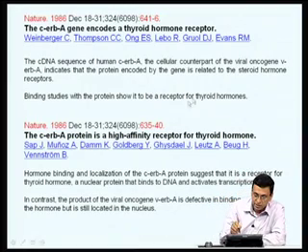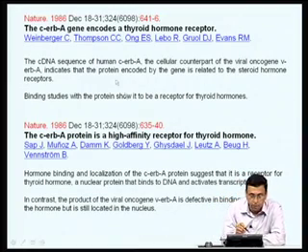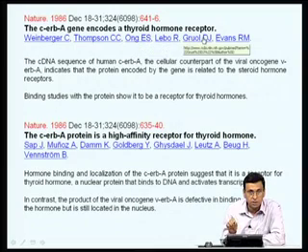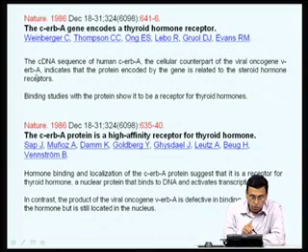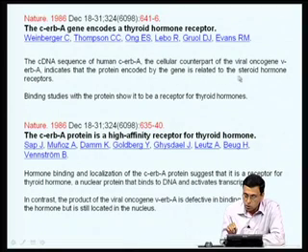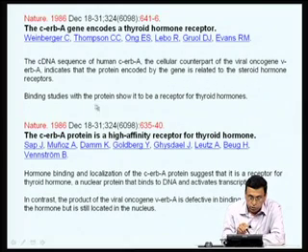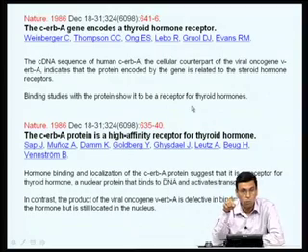And I have just highlighted some of the important findings from this paper, where this group again from Ronald Evans' lab showed that the c-erbA gene encodes a thyroid hormone receptor. And what they showed is that the cDNA sequence of human c-erbA, the cellular counterpart of viral v-erbA, indicates that the protein encoded by the gene is related to steroid hormone receptors, and binding studies with the protein show it to be a receptor for thyroid hormone.